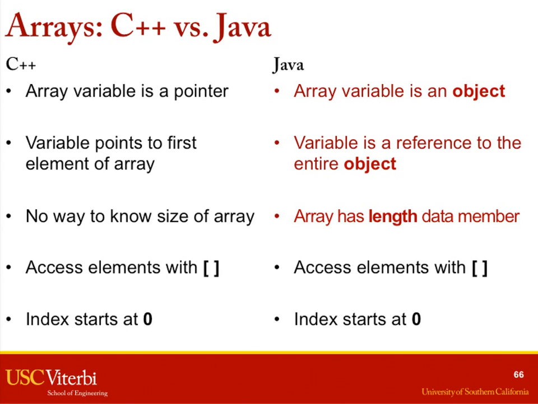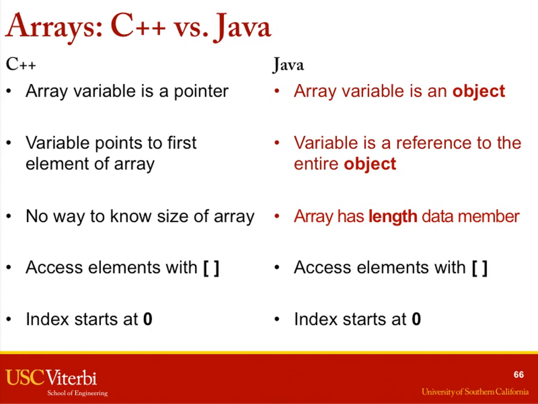It is a little different in the fact that an array variable is an object. So we actually are going to use the reserved word new to basically set that up for us. Okay? A variable is a reference to the entire object. You're used to the variable pointing to the first element. When we point to the array, it's the whole array.